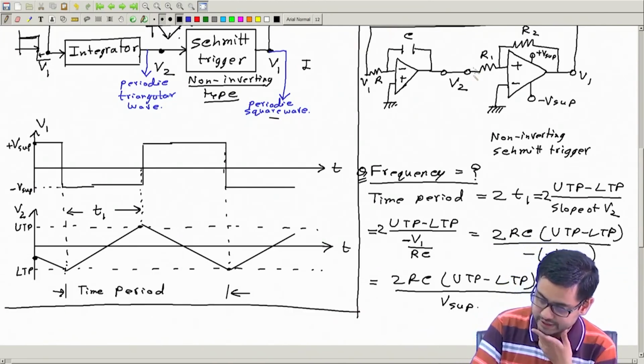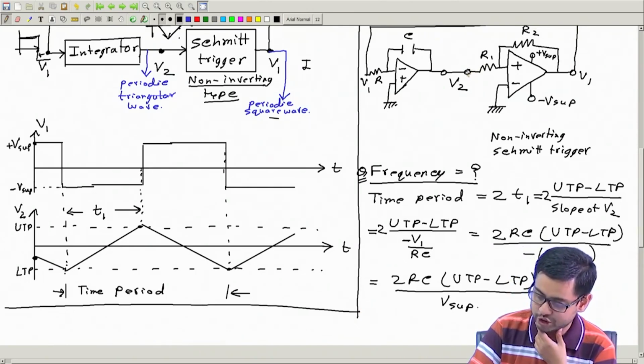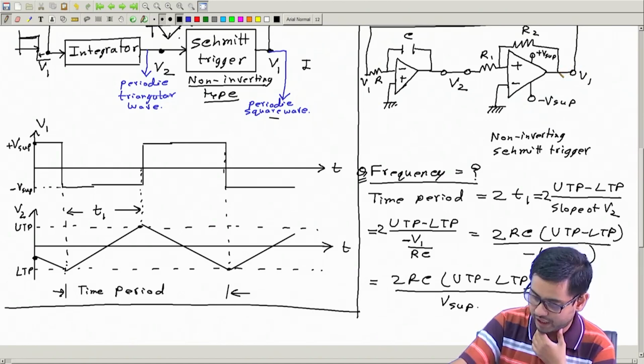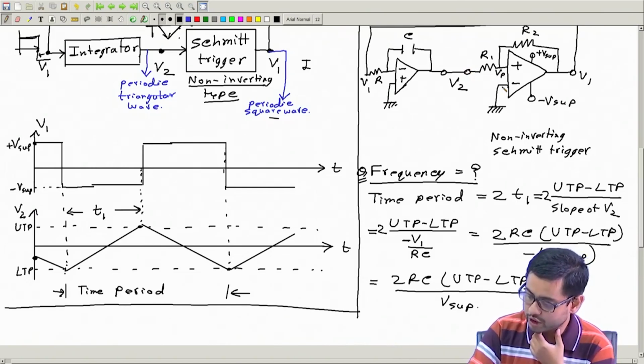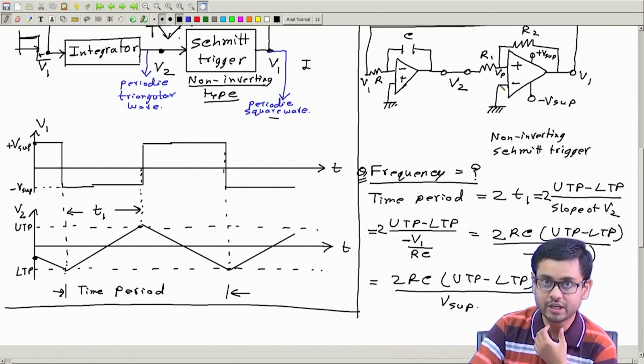To find the required voltage at this point which will change the output, say at any moment this is negative, minus V supply, then let's ask what value of the input will make this Vp equal to 0. That is the crossing point.